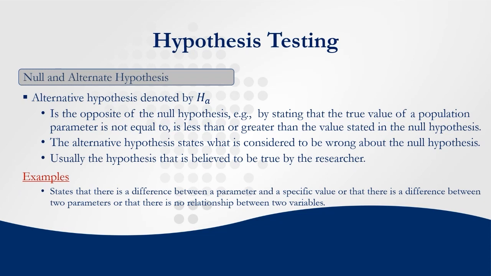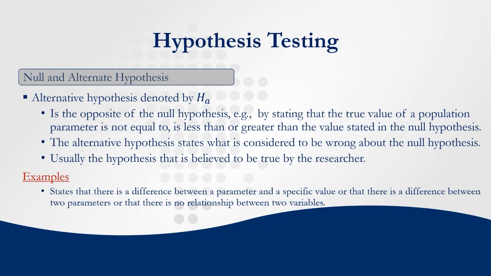So in statistical test, in hypothesis testing, we want to reject the null hypothesis because the null hypothesis says it doesn't matter. The old treatment and the new treatment are the same. We want to reject it. And we use the collected data as evidence. So the alternate hypothesis is what is considered to be wrong about the null hypothesis.